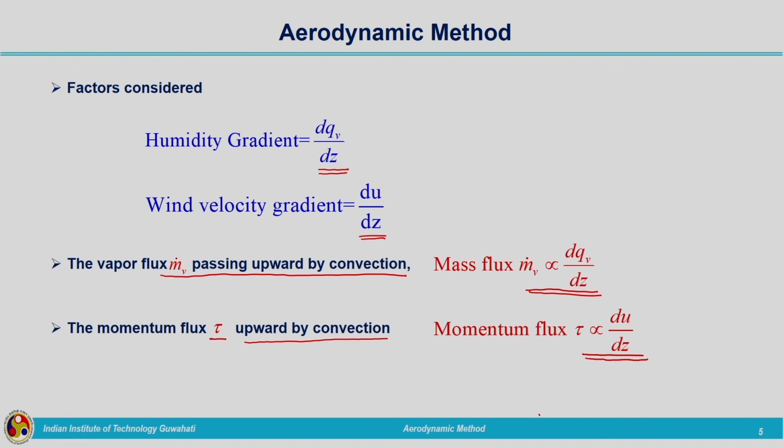Mass flux is proportional to humidity gradient, and the momentum flux, how much momentum flux is taking place, that depends upon the wind velocity. That is why it is proportional to du by dz, wind velocity gradient.